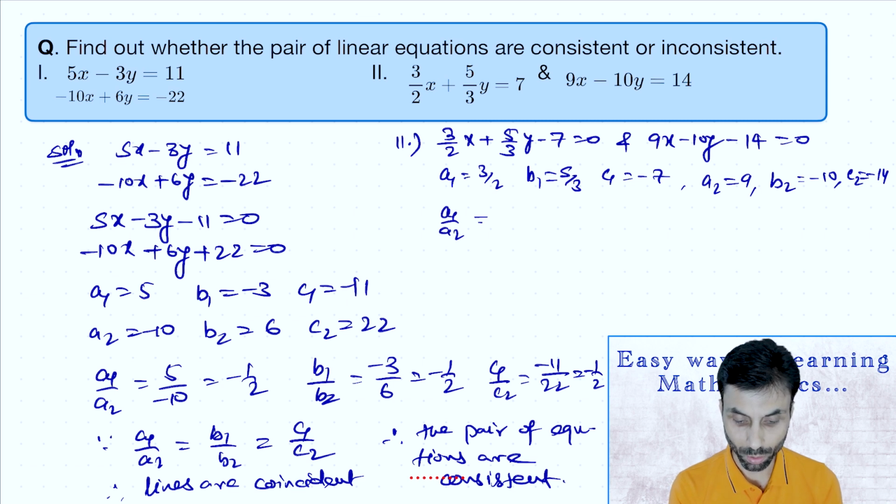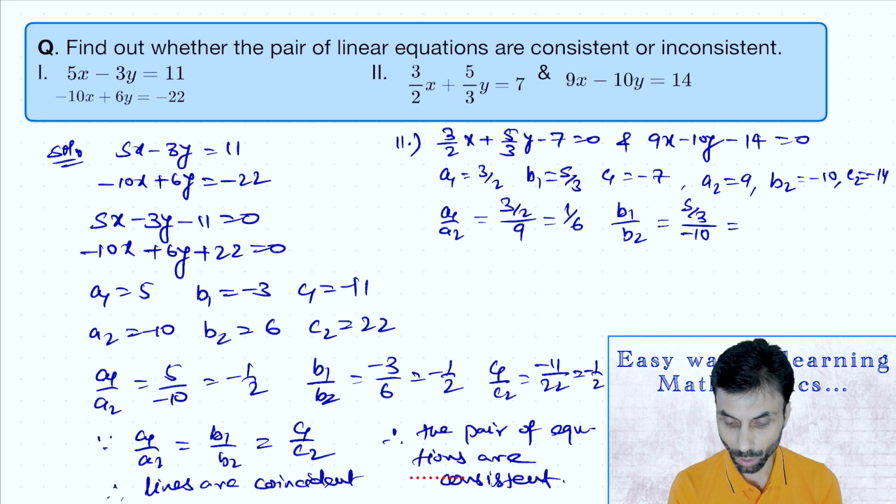a1 upon a2 will be 3 upon 2 divided by 9, which will be 1 upon 6. b1 upon b2 will be 5 upon 3 divided by minus 10, which will be minus 1 by 6.